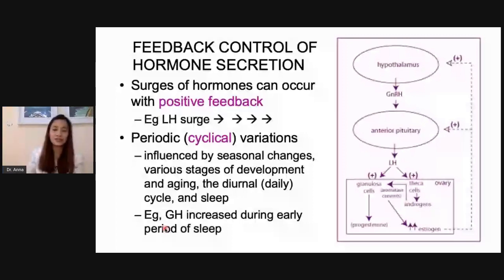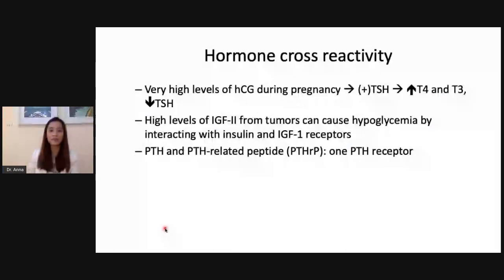So there's also such a thing as hormone cross-reactivity. So what does this mean? It's a crosstalk between different hormones. So for example, in pregnancy, you will have very high levels of beta HCG, or your human chorionic gonadotropin.